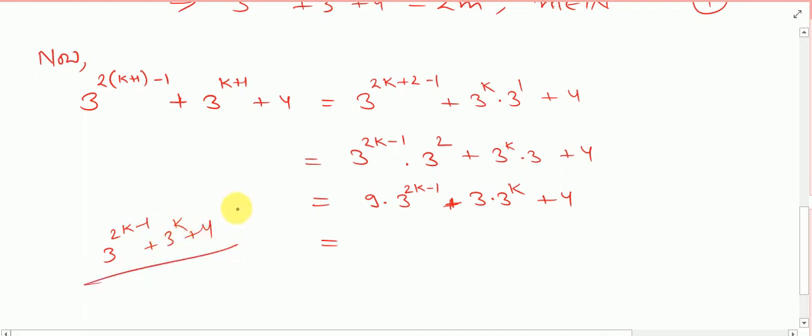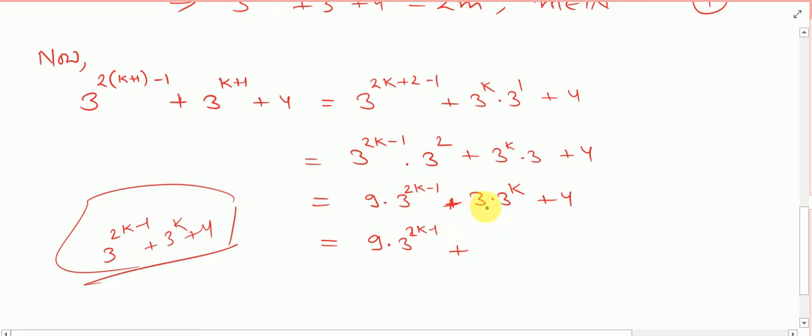I need this. So here we can see that before this 3 to the power 2k minus 1 we have got 9 in multiplication. So we have to try to remove this, means we have to try to make this as common, and take it out. So what I will do is I will write 9 times 3 to the power 2k minus 1, and here it is 3.